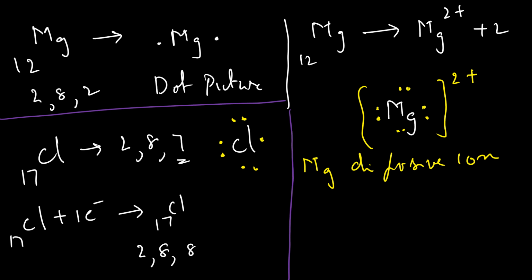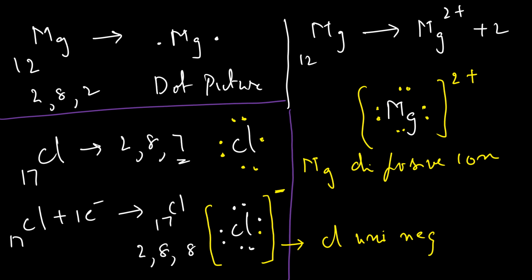I am showing this 8th electron in color as it came from outside, to make the differentiation. Since chlorine has 1 excess electron, it has 1 unit of negative charge. Therefore, we refer to it as the chlorine uni-negative ion. A uni-negative ion is an anion.